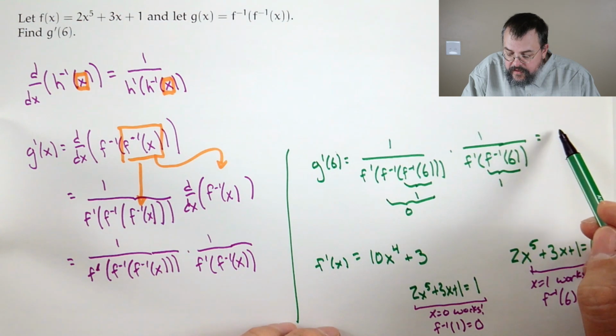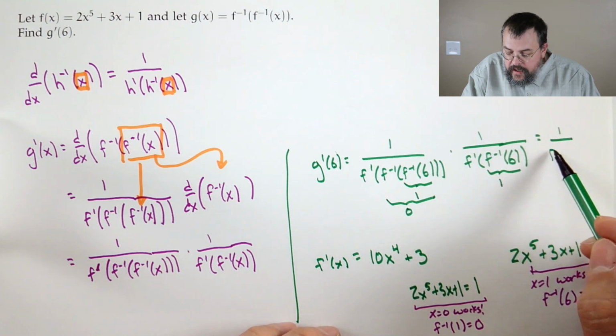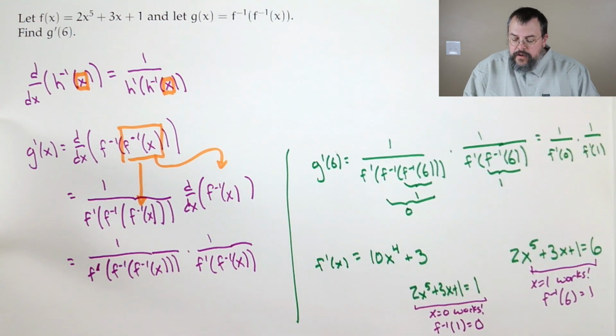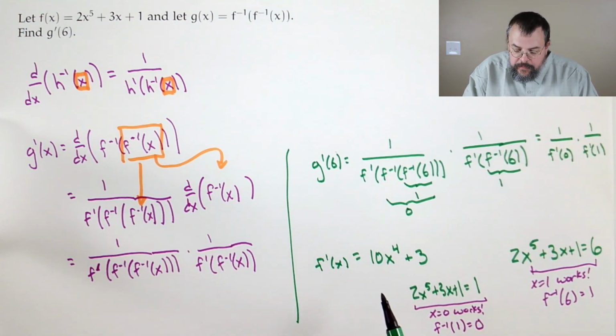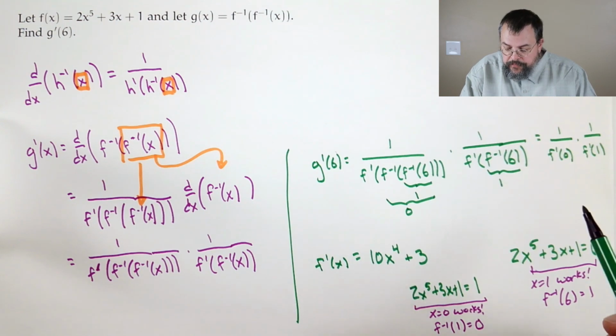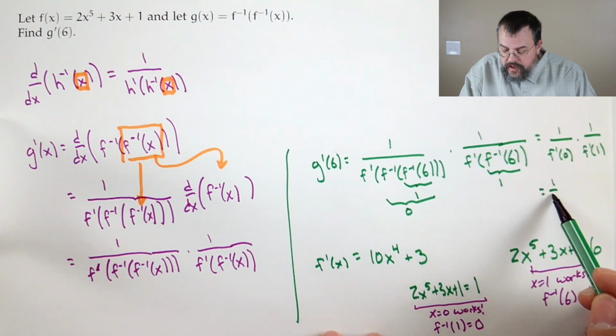So what we now have is this 1 over f prime of 0 times 1 over f prime of 1. Well, we can compute those numbers. If we plug 0 into the derivative, we get 3 because the first term goes away. So this is 1 over 3.